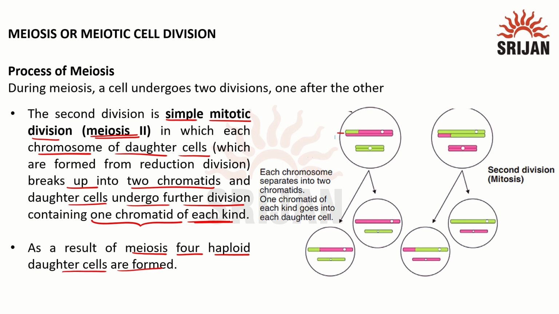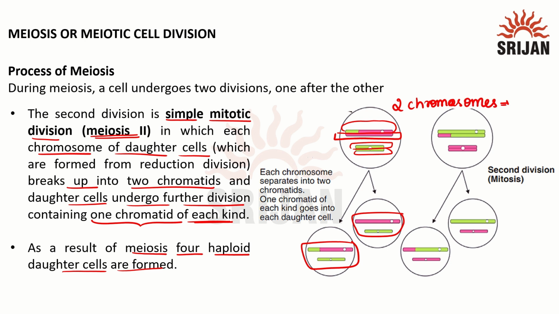Each of them, that is, this half goes to one cell, this half goes to another cell. Similarly, this half to one cell, this to another cell. You can see here. Correct? Here they had two chromosomes having 4 chromatids.